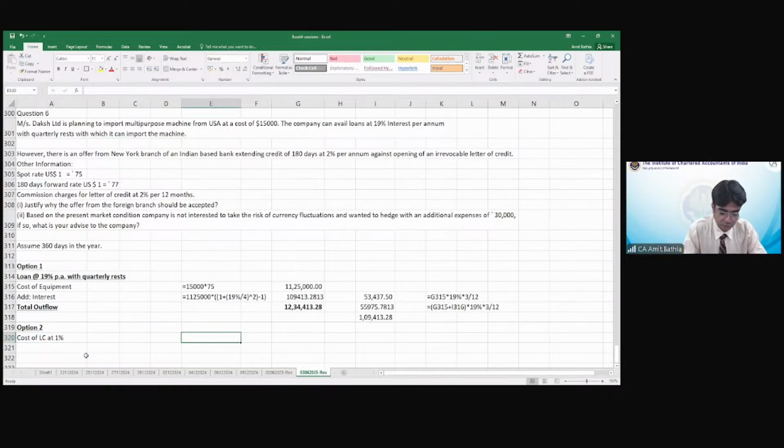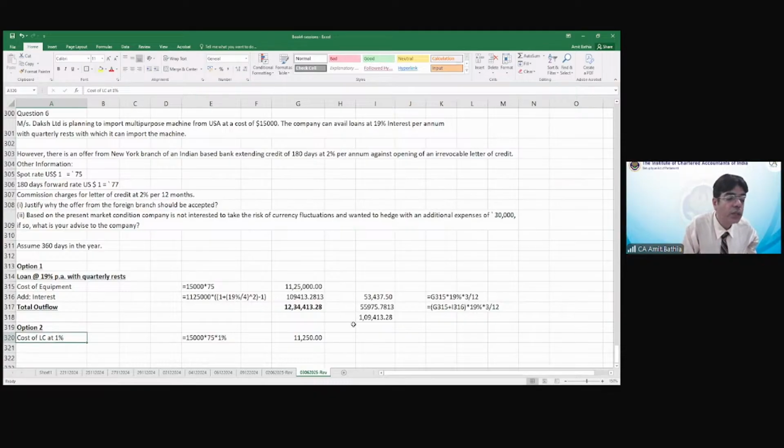I have to pay $15,000 into 75, because that is the total value, into 1%. So amount wise it turns up to be 11,250. This is the cost of LC, because you are told over here, however, there is an offer from New York branch of an Indian bank extending credit of 180 days at 2% per annum against opening of an irrevocable letter of credit.